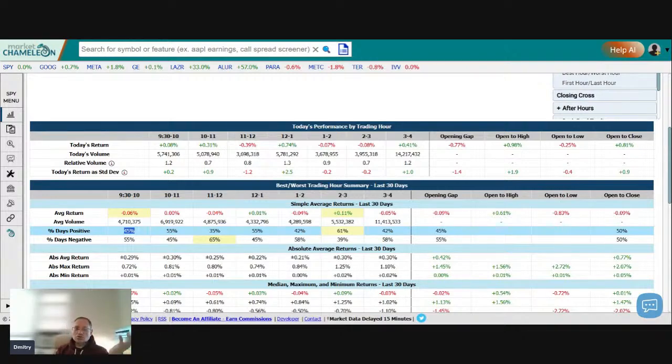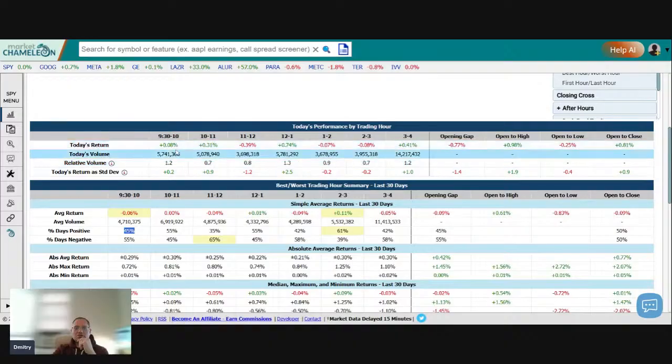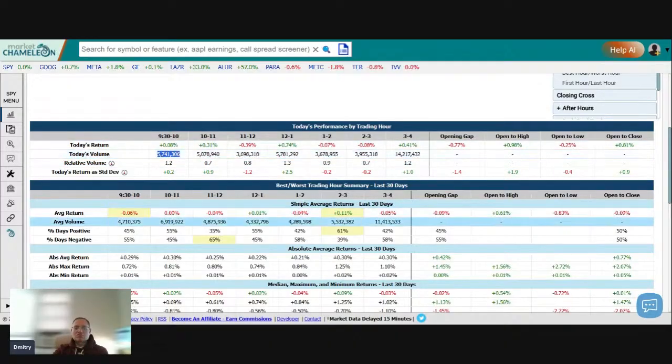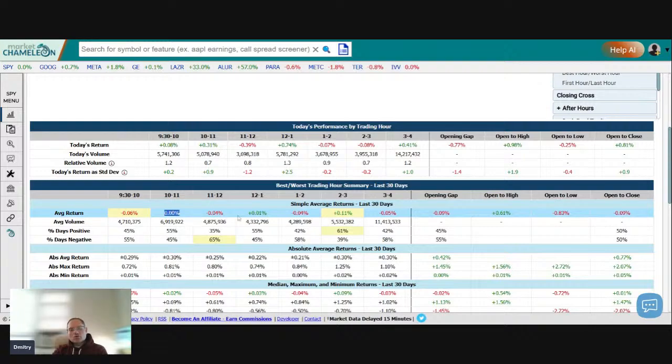So close to even there, a little bit slightly more to the negative side. So that's why we could compare this, where you had 5.7 million shares traded 9:30 to 10 versus 4.7 typically. Okay, that's why you got this relative volume of 1.2.